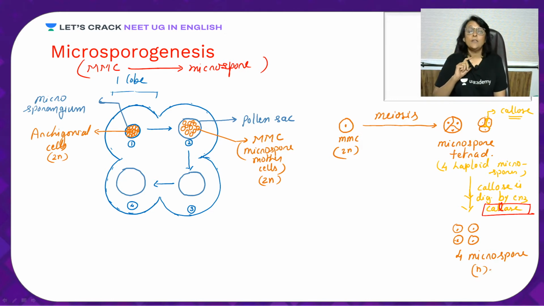They have half the number of chromosomes as that of the parent cell. So if the microspore mother cell has 20 chromosomes, the microspores will have half the number, that is 10. Because inside these microspores, which are going to change into pollen, male gametes will be formed, and the gametes have to be haploid. Now, let us talk about this microspore tetrad.